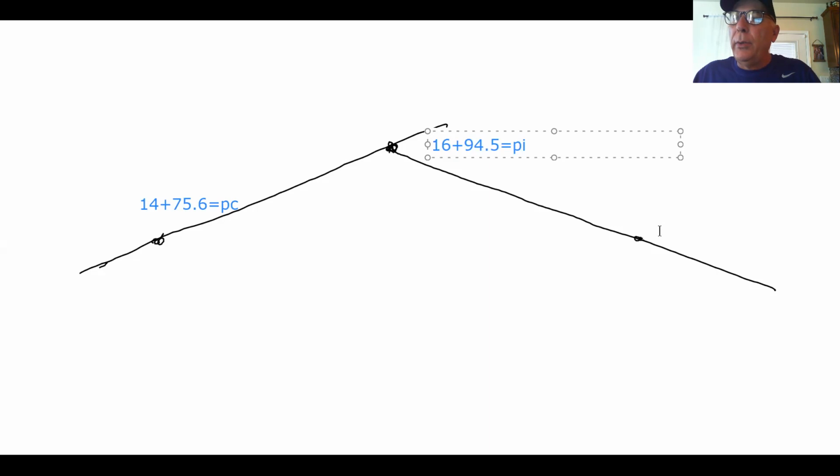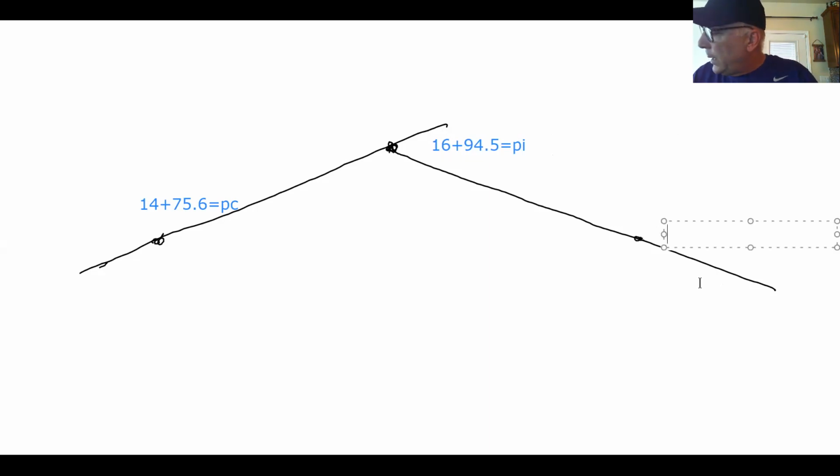And then over here we have the PT station, which we calculated to be 18 plus 92.26.